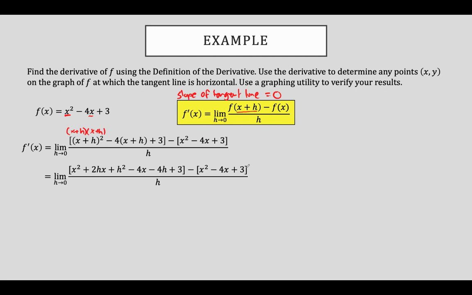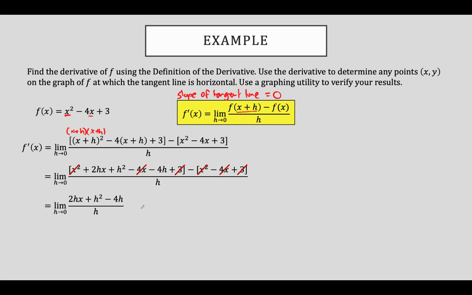But what we should notice is that things begin to cancel. I have an x squared minus an x squared. Those subtract to 0. I have a minus 4x minus a minus 4x. When I distribute that negative, those subtract to 0. I have a 3 minus a 3. Those subtract to 0 as well, leaving me with the limit as h approaches 0 of 2hx plus h squared minus 4h all divided by h.